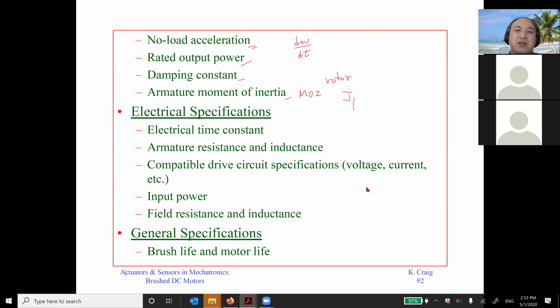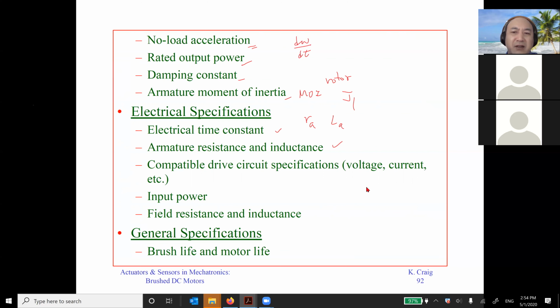You also have the electrical side, like electrical time constant. So for example, you have armature resistance and armature inductance. Okay, so these should be known.